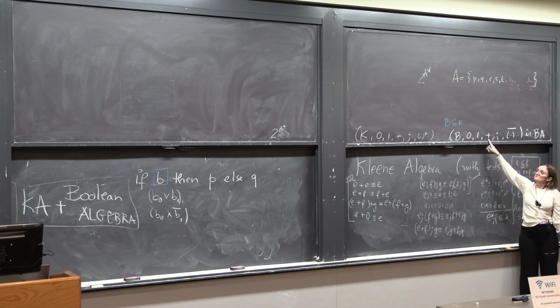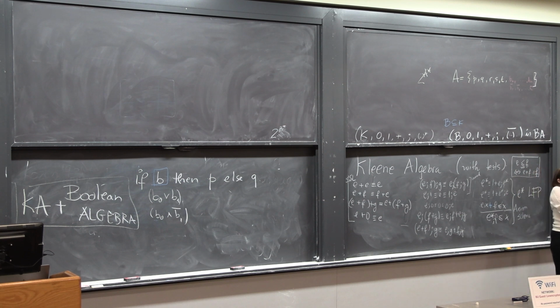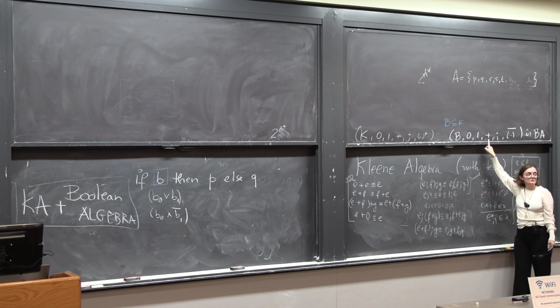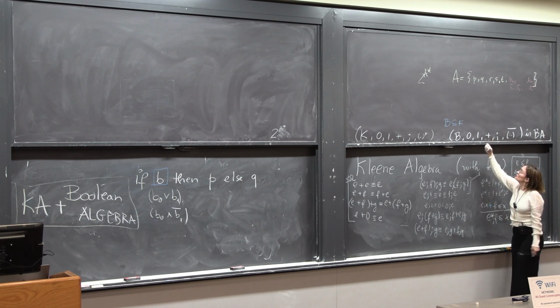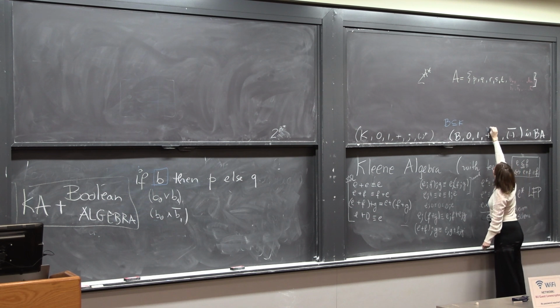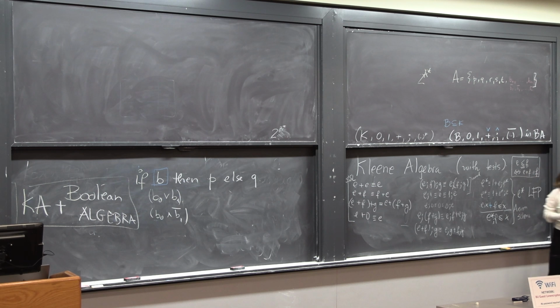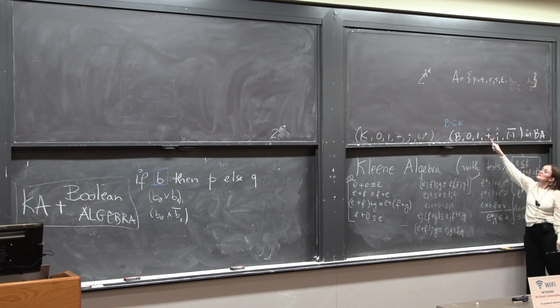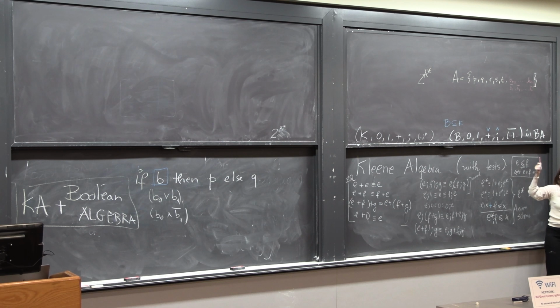This B is inside the Kleene algebra, meaning that this plus is the plus of the Kleene algebra, but when it comes to B, you really should think of it intuitively as or and and. So whenever I'm summing elements of B, I think of it as doing an or.